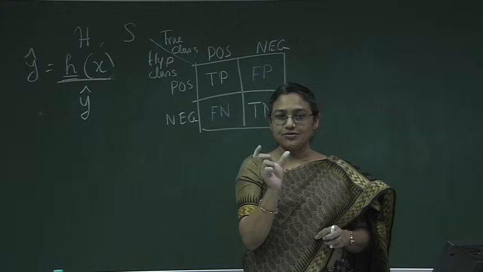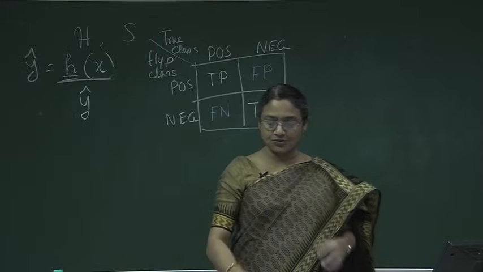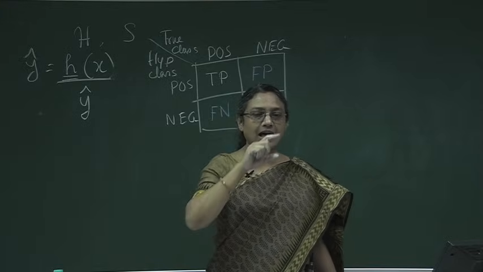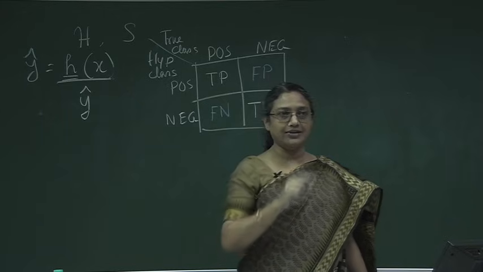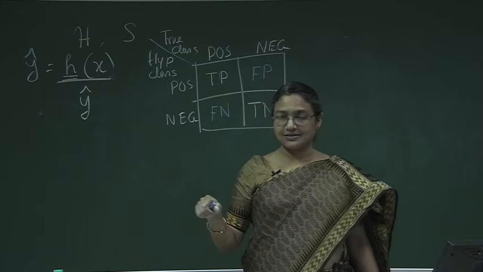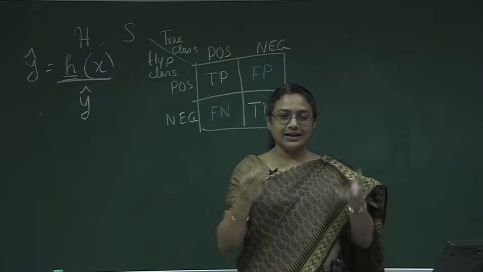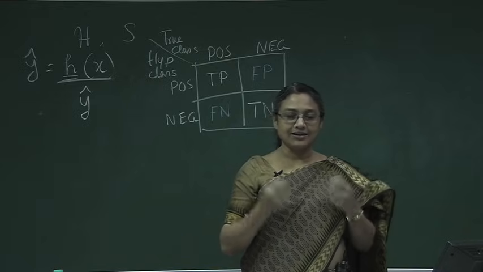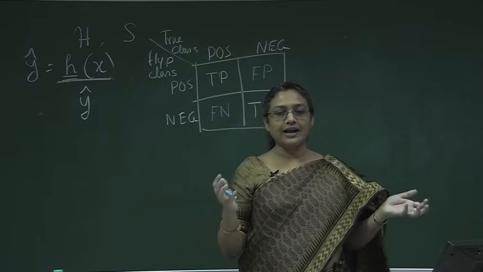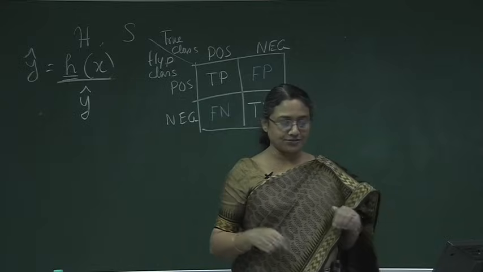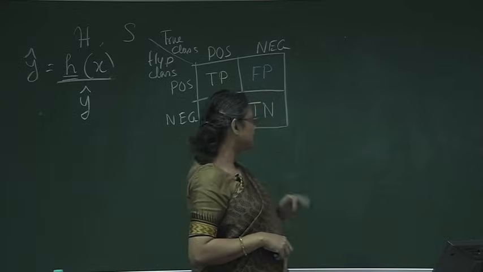For example, if you have 3 classes as an output to a classification problem, you will have a 3 by 3 confusion matrix, and the diagonal entries are the ones where the learning algorithm is giving the correct result, and the non-diagonal entries are where the learning algorithm is giving the wrong result.